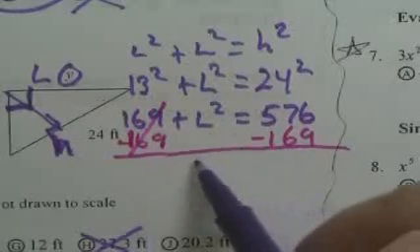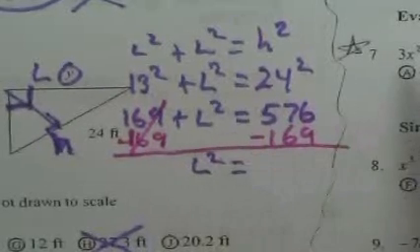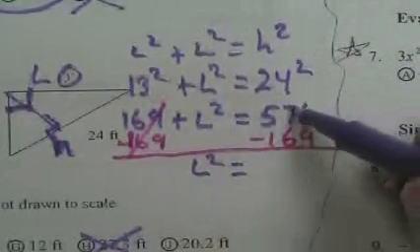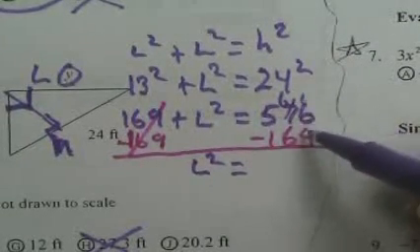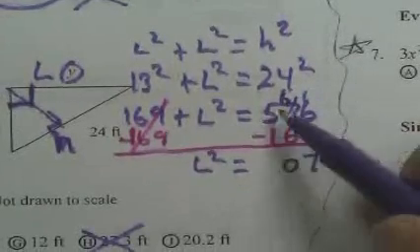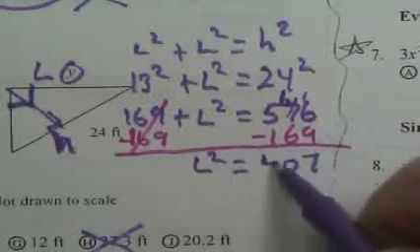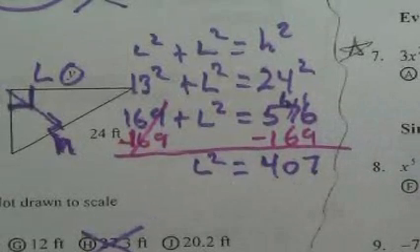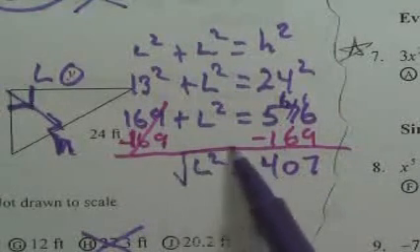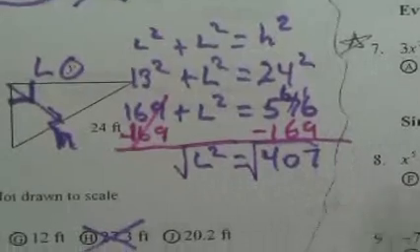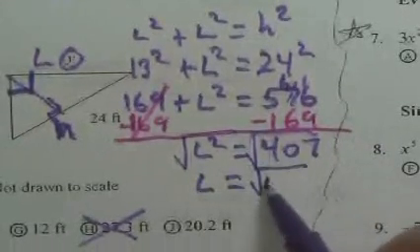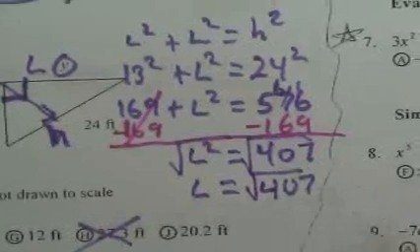So that leaves us with L squared equals, so I need to borrow, so that's a 6, that's 16 minus 9 is 7, and 6 minus 6 is 0, 5 minus 1 is 4, 407. Okay, now I need to take the square root of both sides. That's going to give me L is equal to the square root of 407.